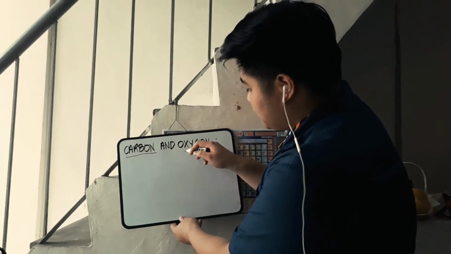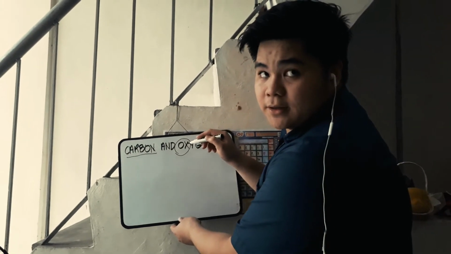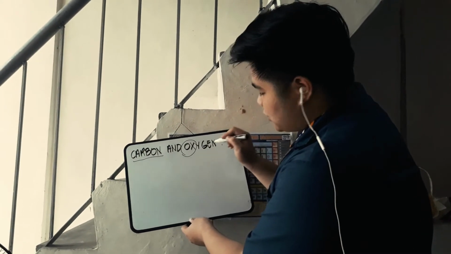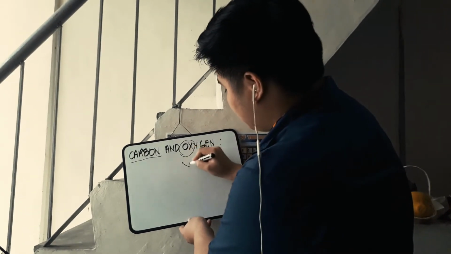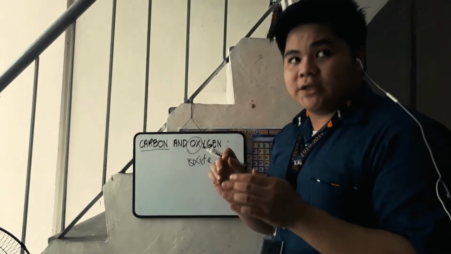So the root name of the oxygen is ox. So the oxygen we will now call oxide, because for the second element we will add IDE to the end.